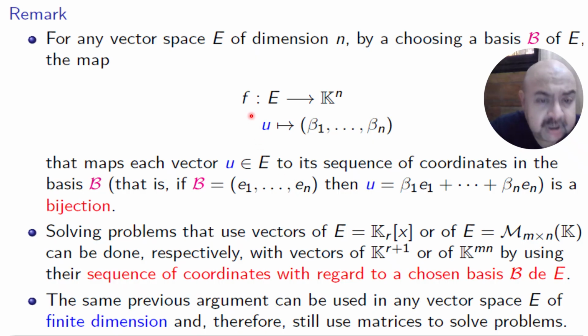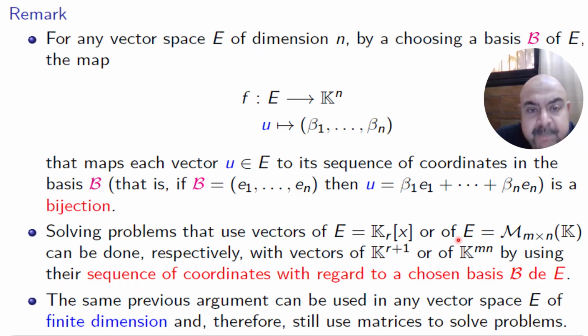So once more, f maps E into Kn, and U is the set of vectors that is the basis of this vector space or subvector space, that maps each vector U in E to a sequence of coordinates relative to the basis in order to generate this vector.